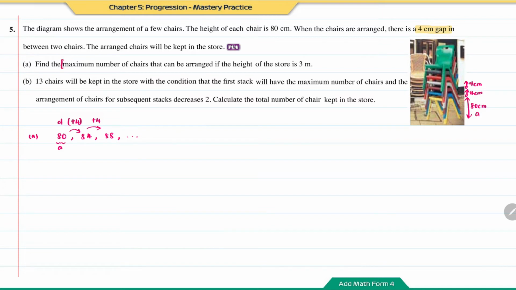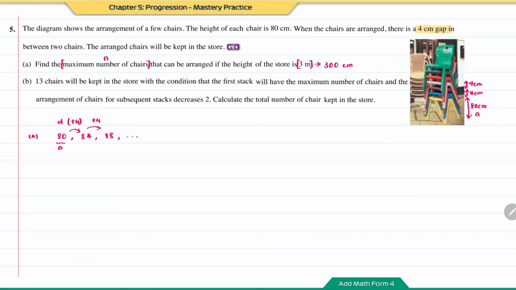And the maximum number of chairs here is the n that we want to find. The height of the store is 3 meters, so we can convert it to centimeters. It's going to be 300 centimeters. This 300 centimeters will be the last term.